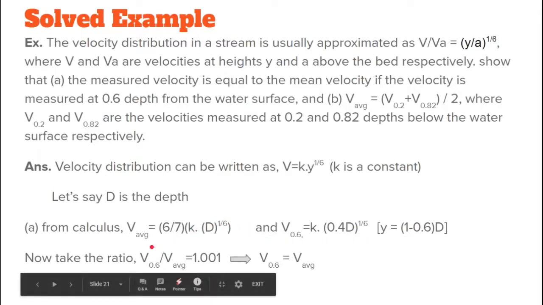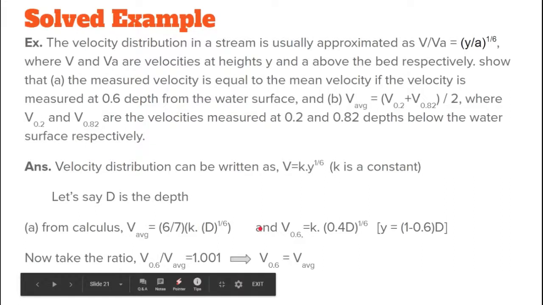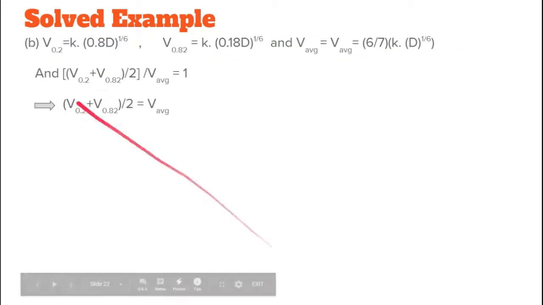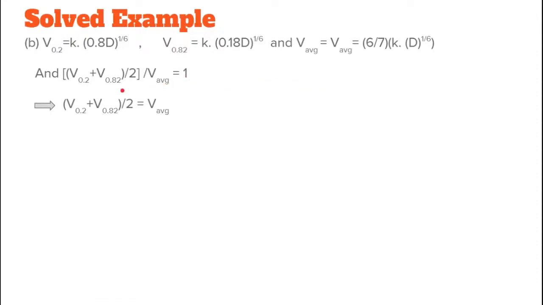So if we take the ratio of these two values, it comes out to be nearly equal to 1. So it means V at 0.6 is equal to V average. Similarly, we can proceed with part B, and the ratio comes out to be 1 in this example.